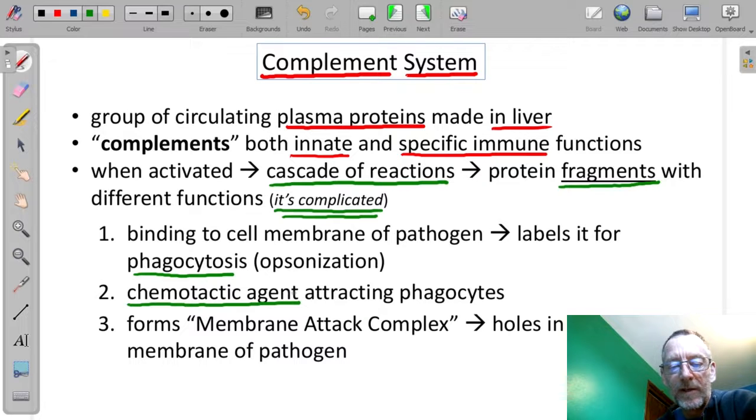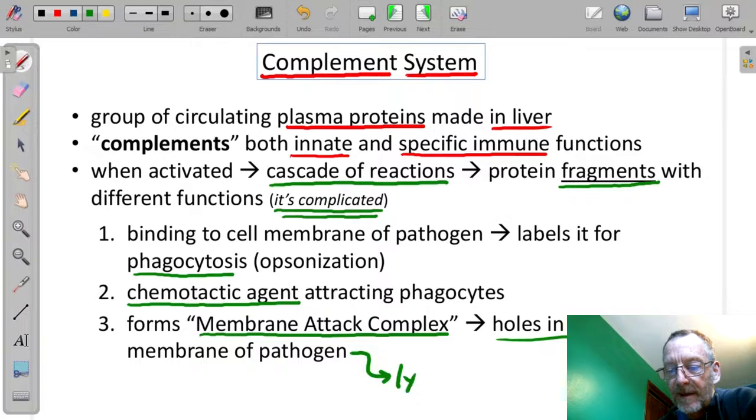Chemotaxis is just movement toward certain chemicals, and that attracts different phagocytes, so that's another function. And the complement system also forms what's referred to as a membrane attack complex, which is inserting holes in the cell membrane. And then that leads to lysis, destruction of the cell. So those are three major functions of the complement system.